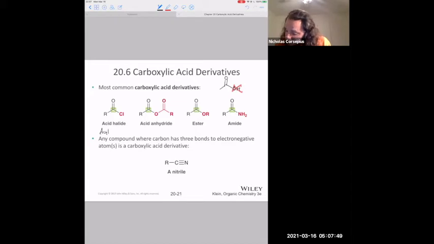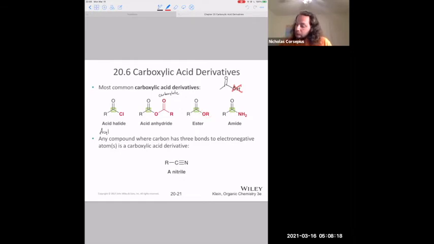Acid anhydride. This is like if this portion here was replaced with a carboxylate group, right? So they're almost like two carboxylic acid groups attached to the same oxygen. So it's called an acid anhydride. An ester. Now we have, instead of the hydroxy group, an alkoxy group.